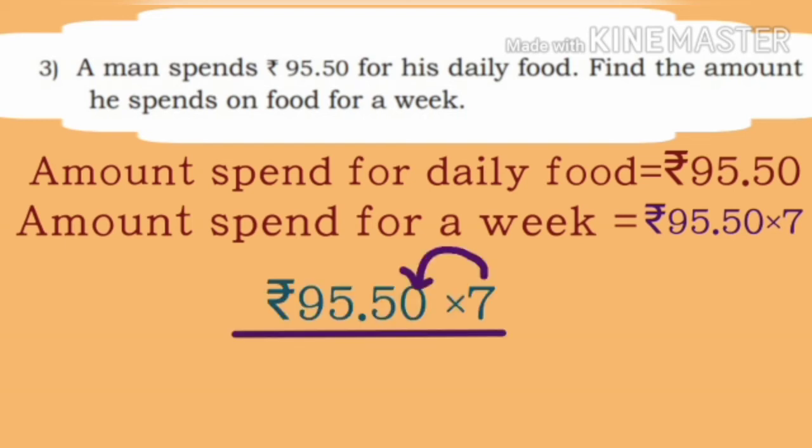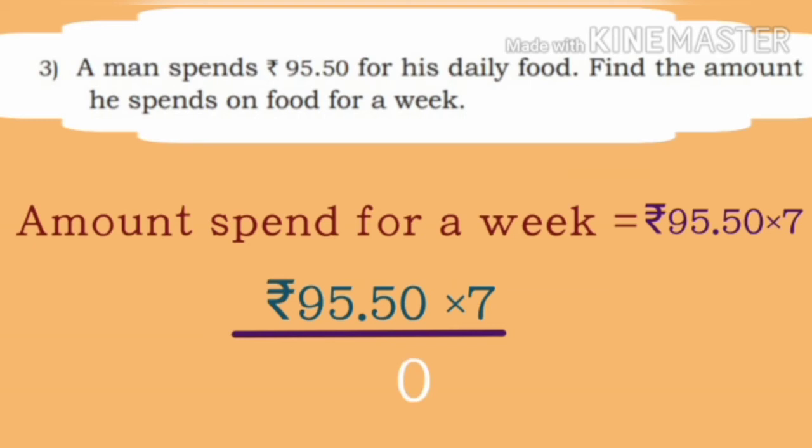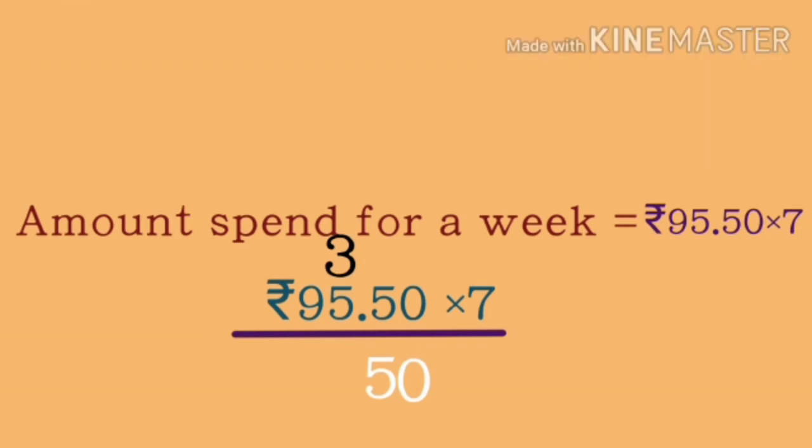Here we start by multiplying the unit place. 7 into 0 is 0. So write 0. Now 7 into 5, that is 35. 3 carried to the hundred place and write 5 in tens place. Now multiply 7 into 5 is 35 and add 3 carry. 35 plus 3 is 38.